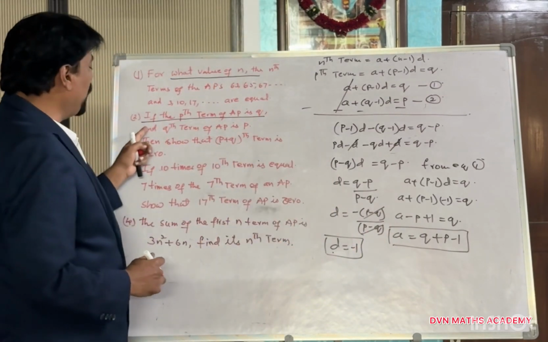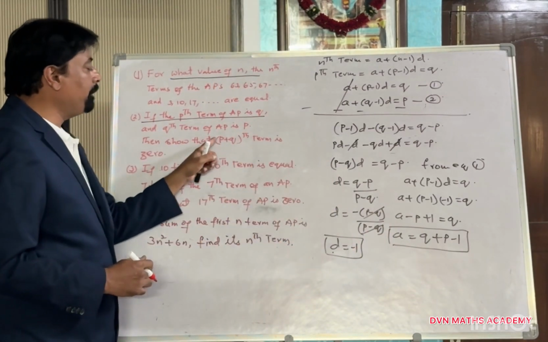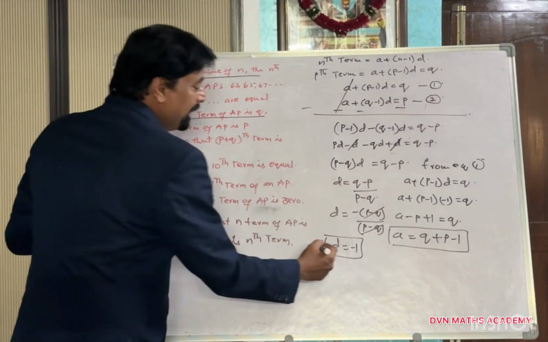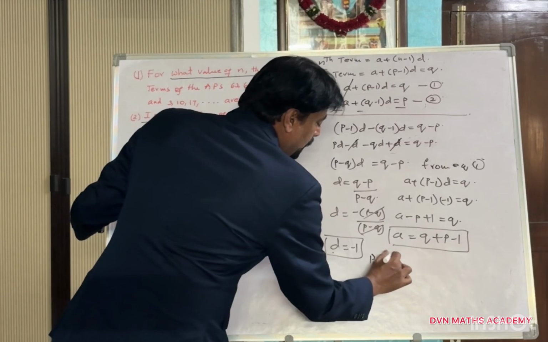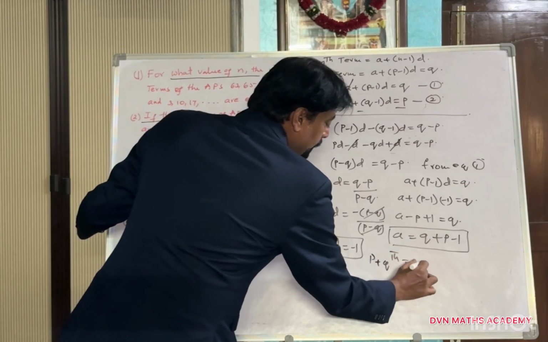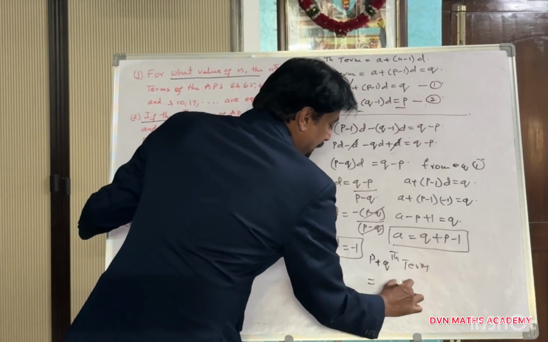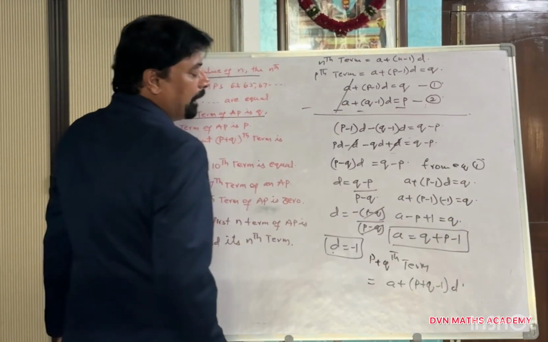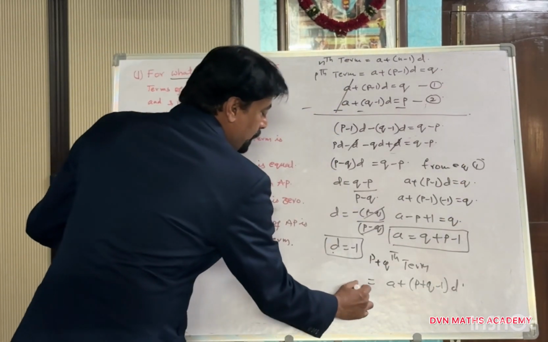Now what I want to show is that the p plus qth term is 0. So now it is very easy. The p plus qth term is A plus p plus q minus 1 into D. Now just substitute the A value.